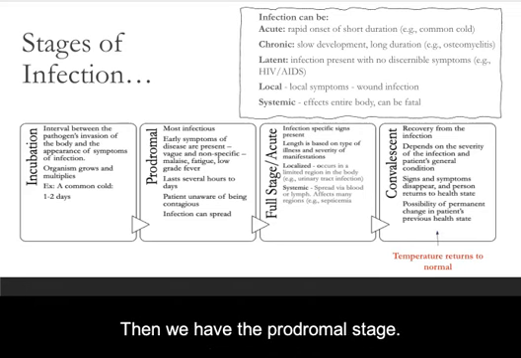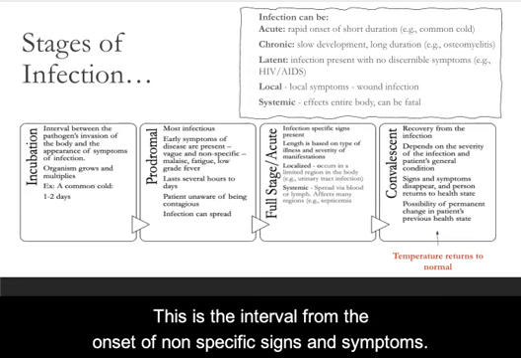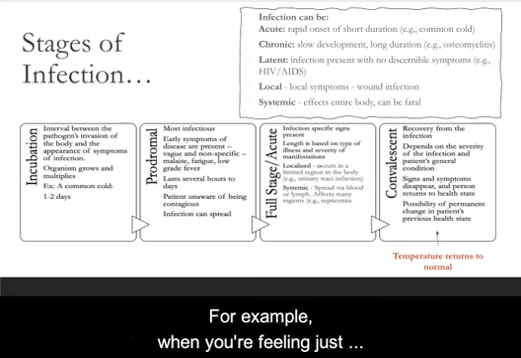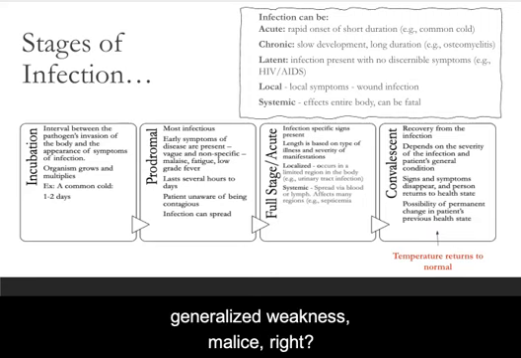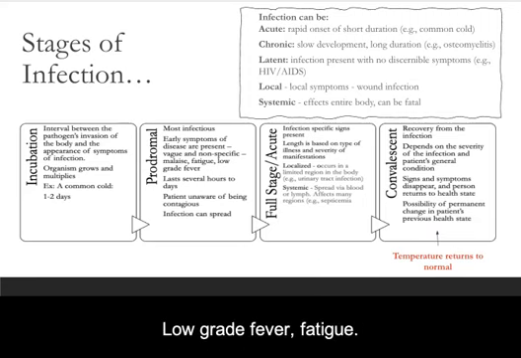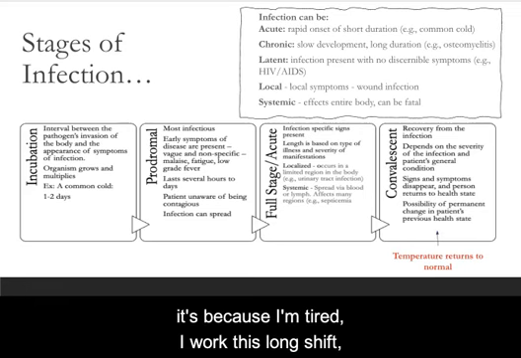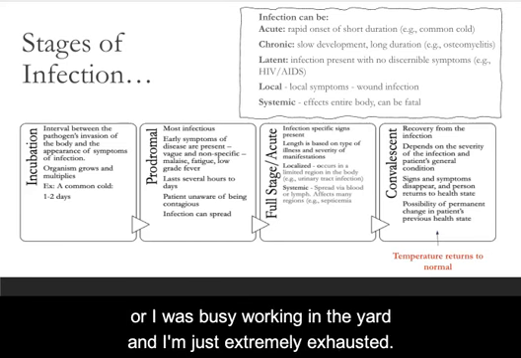Then we have the prodromal stage. This is the interval from the onset of non-specific signs and symptoms. For example, when you're feeling just generalized weakness, malaise, right? Low-grade fever, fatigue. A lot of people think, oh, it's because I'm tired. I worked this long shift, or I was busy working in the yard and I'm just extremely exhausted.